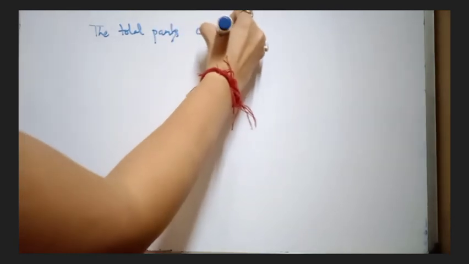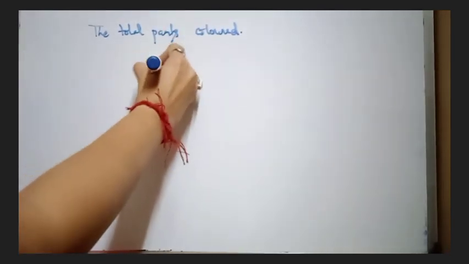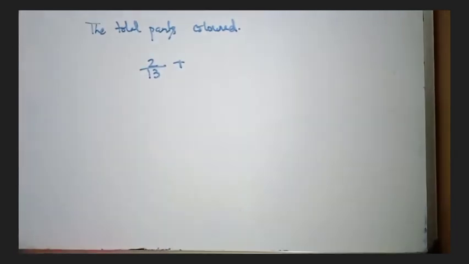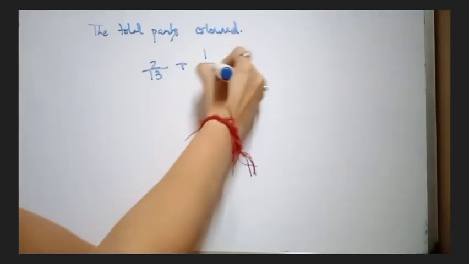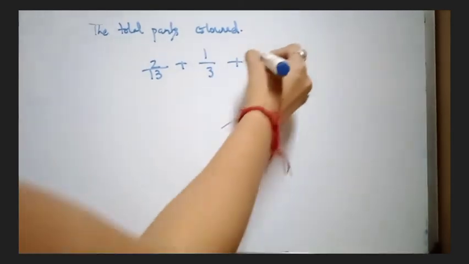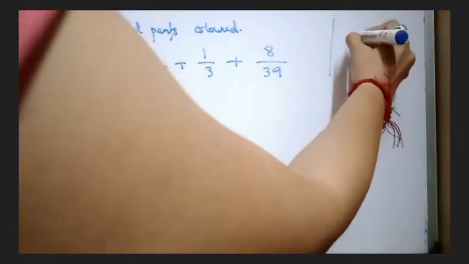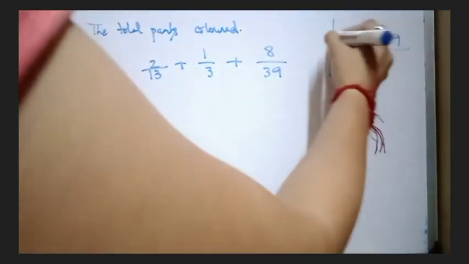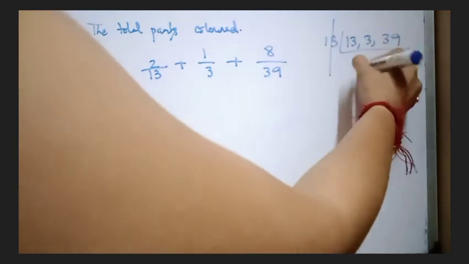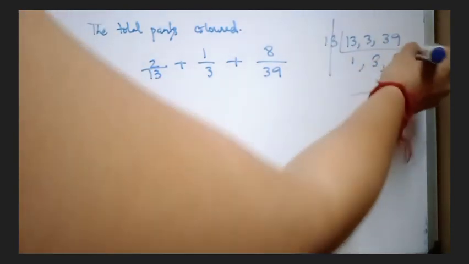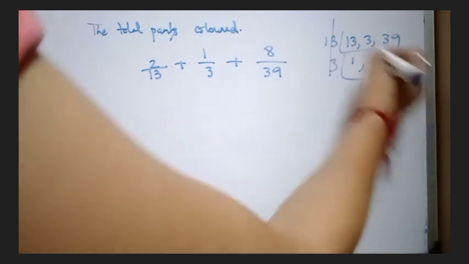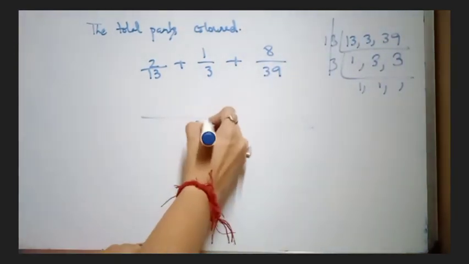We can write that the total parts colored are 2 by 13 plus 1 by 3 plus 8 by 39. Now we are taking the LCM of 13, 3 and 39. 13 3s are 39, so the LCM will be 39.